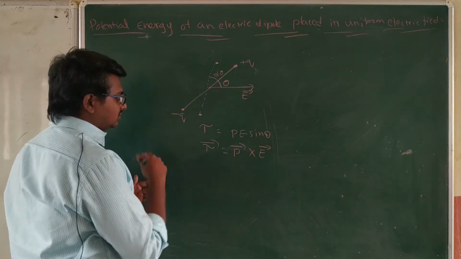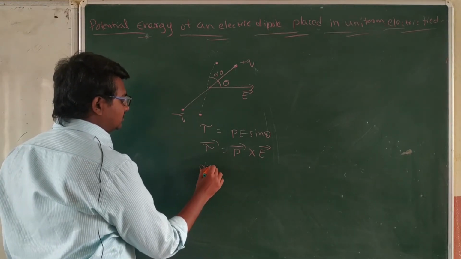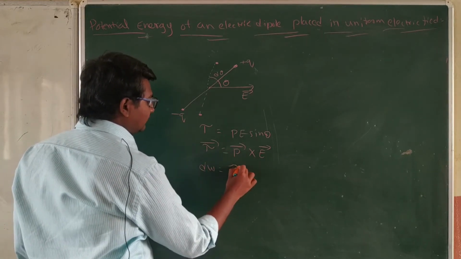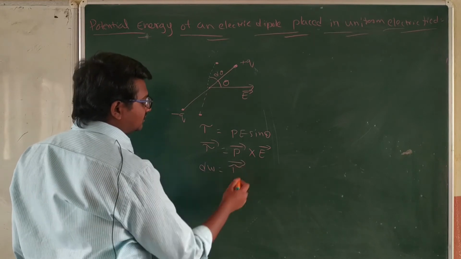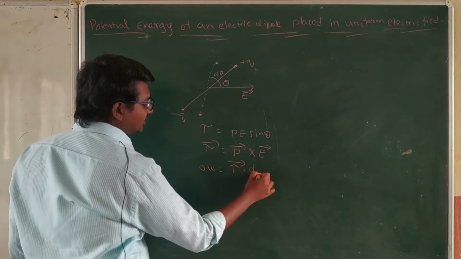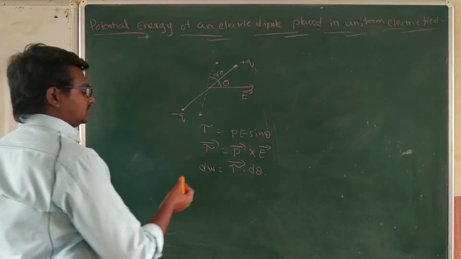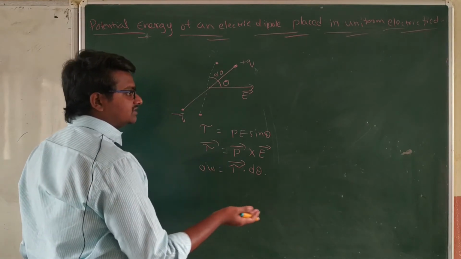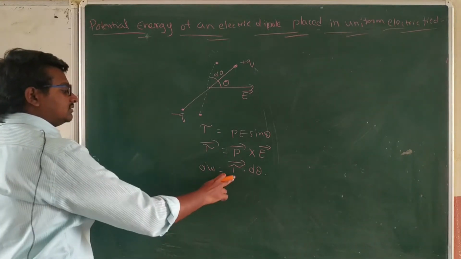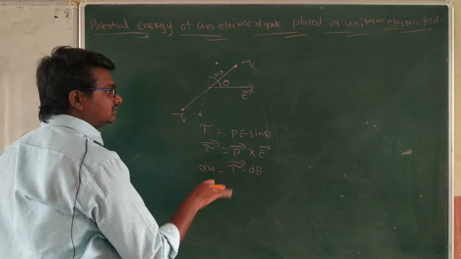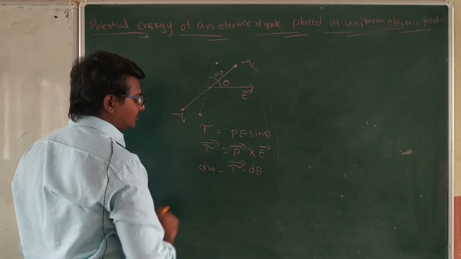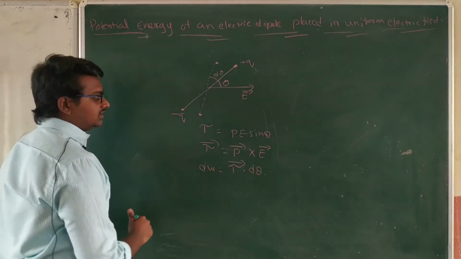Like W equals F dot S, here dW is equal to tau bar dot d theta, taking the dot product of moment of force and angular displacement.